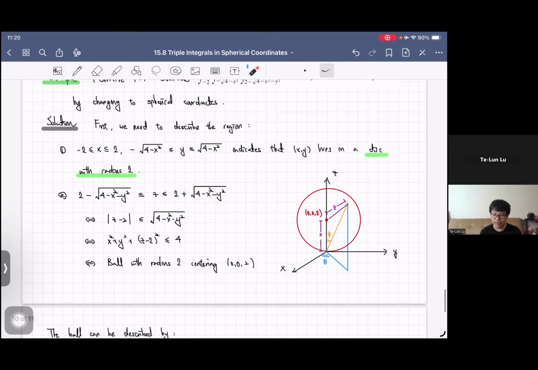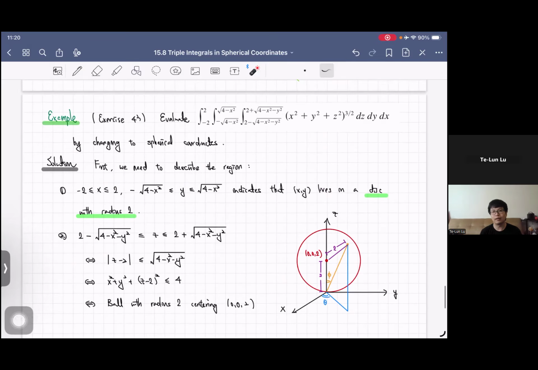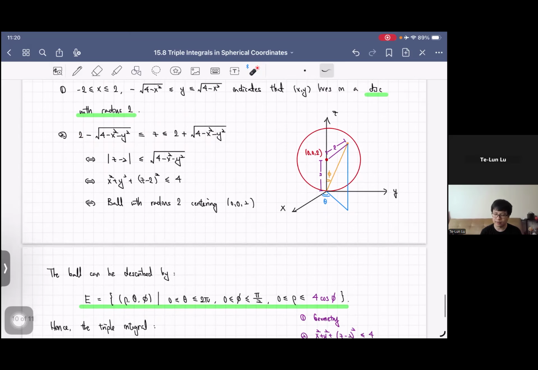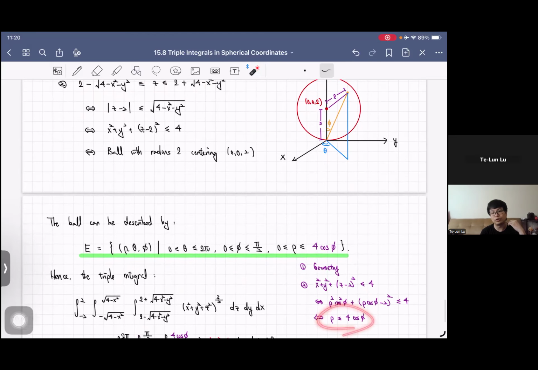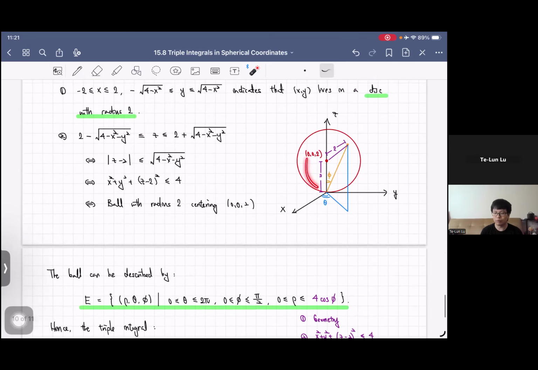And in this case, you can see that we're not dealing with a coordinate plane, but something in terms of a functional boundary. And it is the same, you figure out the boundary, writing them in terms of rho, theta, and phi, and you should get something like this. Rho equals 4 cosine phi. That is the surface of the sphere with radius 2 and center 0, 0, 2.